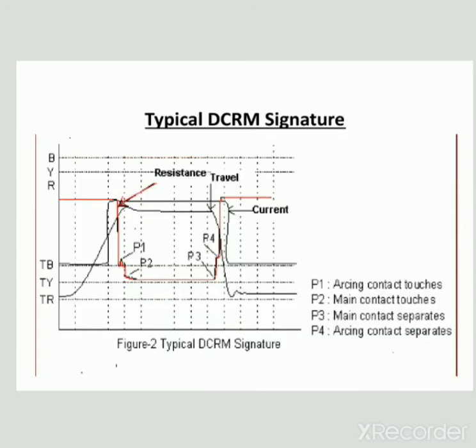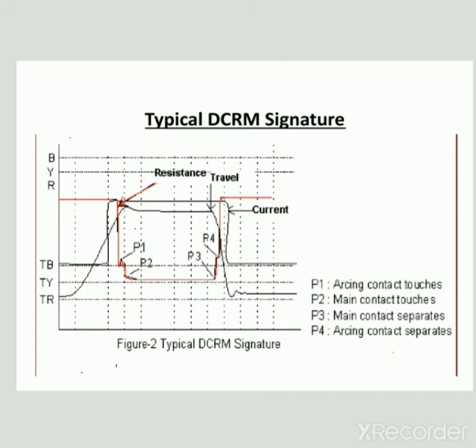Next is the typical DCRM signature. In that breaking contact signature, the graph is according to RYB in three phases.